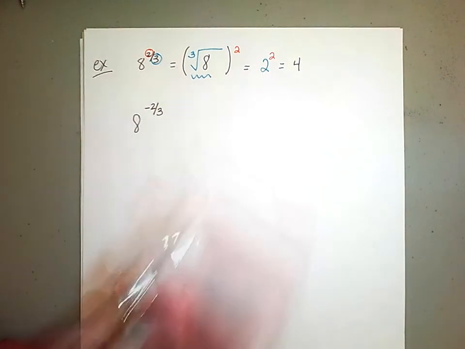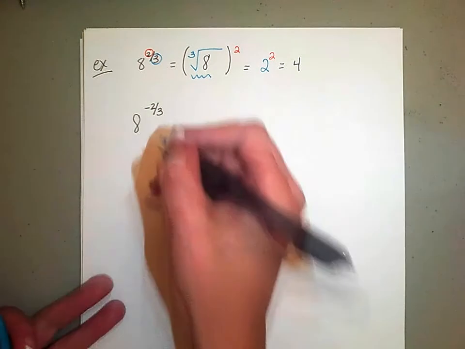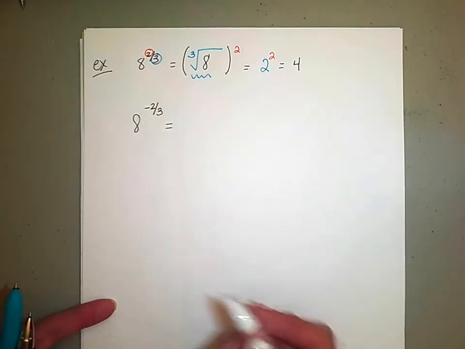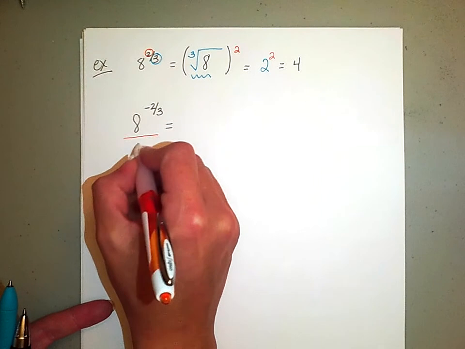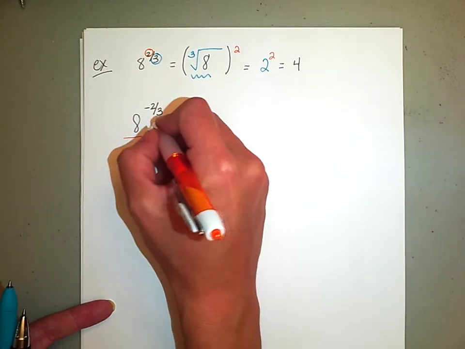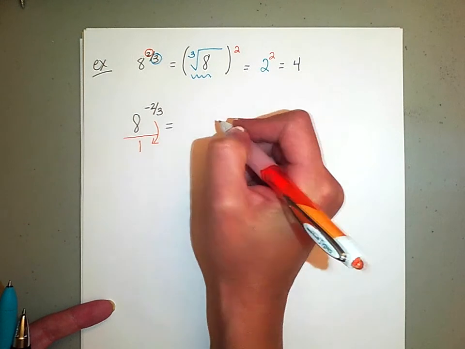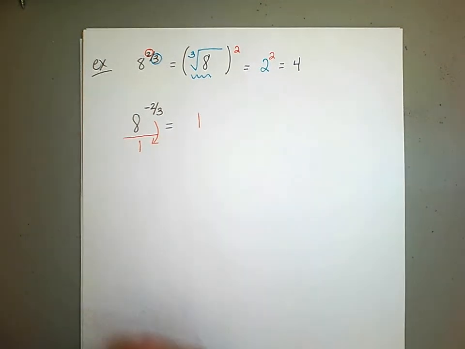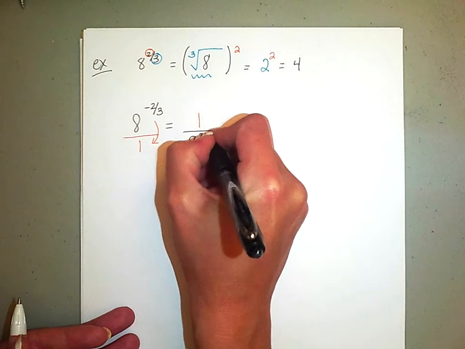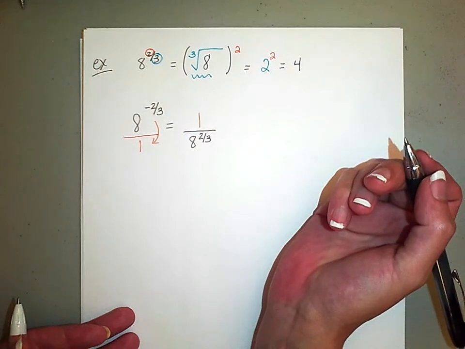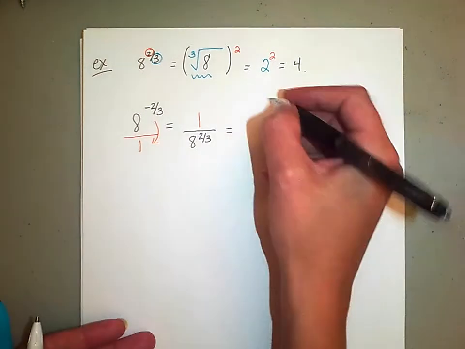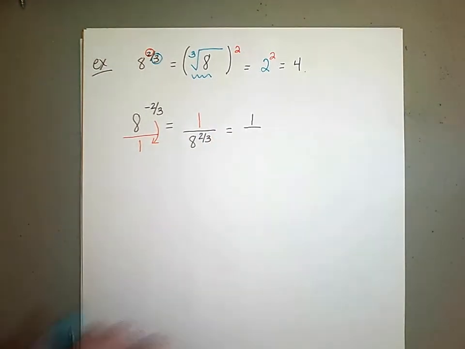We can still have negatives with the rational exponents. That's no problem. So if we had 8 to the negative 2/3, remember I'd think about this as over 1. And if I want to make this exponent positive, I can just push it through the denominator. It would leave me with 1 up top, and now 8 to the positive 2/3. But from above, we saw that 8 to the 2/3 power is 4.